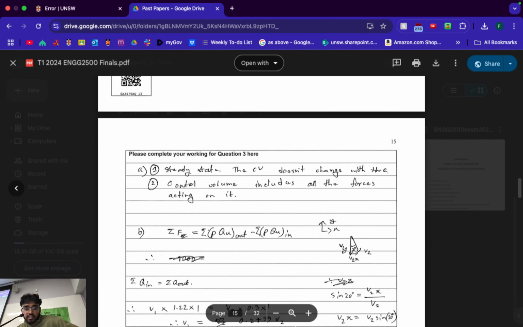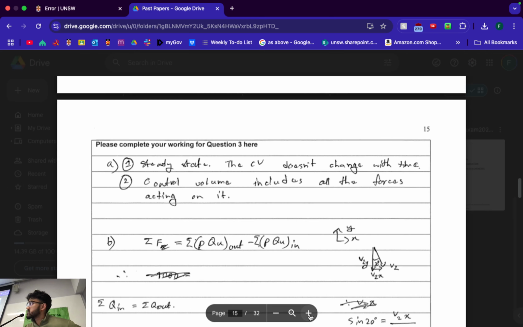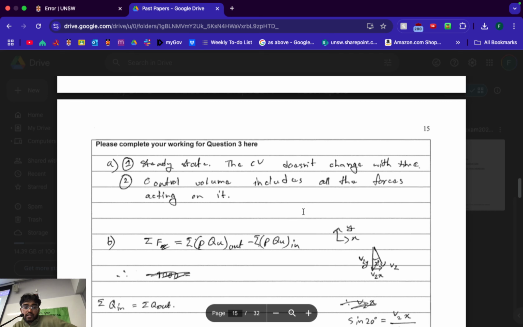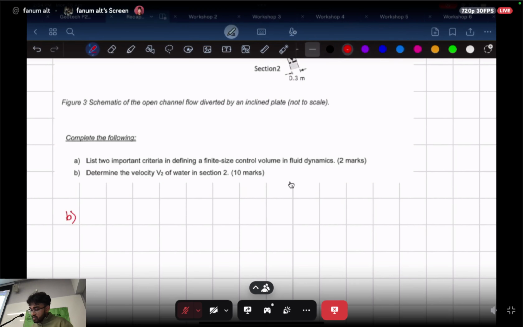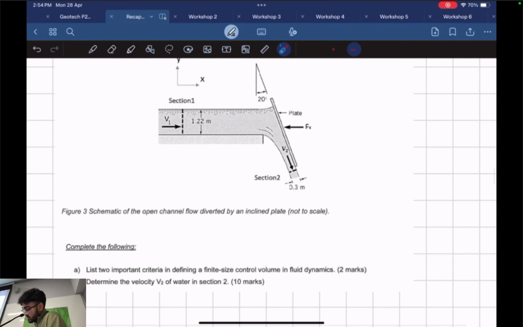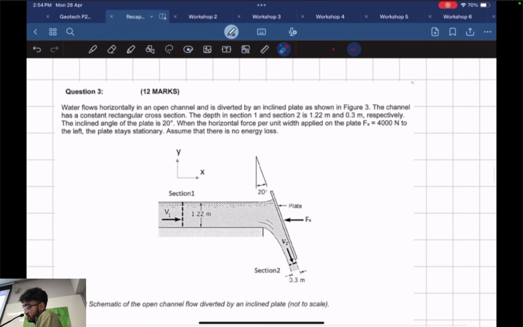So, steady state. Your system is going to be in a steady state, so your flow stays constant, essentially. And the control volume includes, this is actually really important, all the forces acting on it. So we know there's an external force acting here, Fx. They've given us a value of 4,000 newtons, so we have to include that in our control volume.